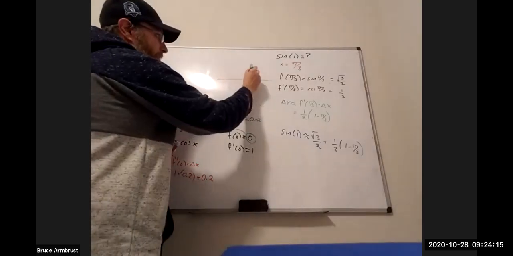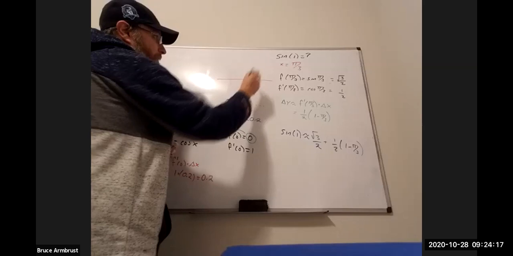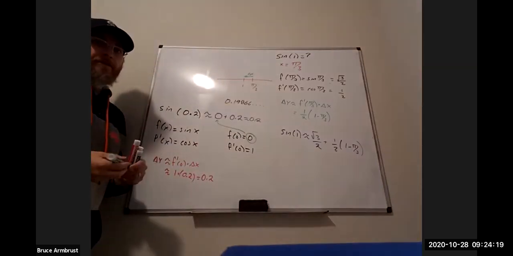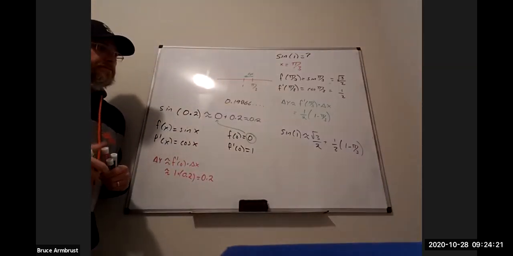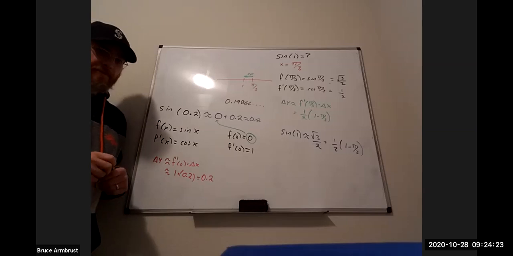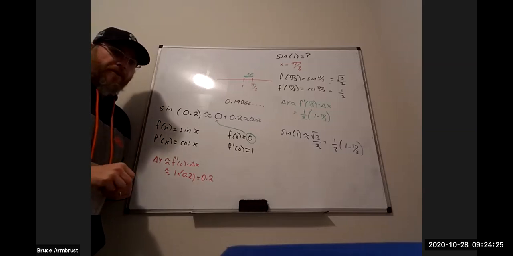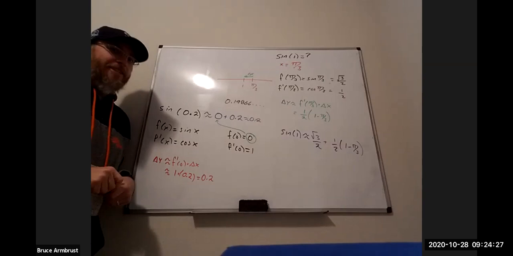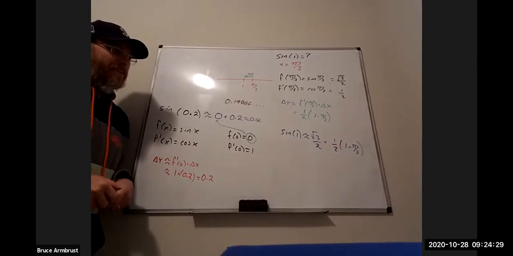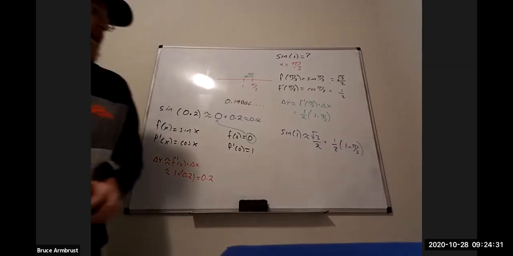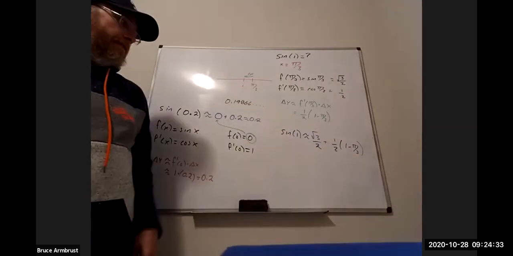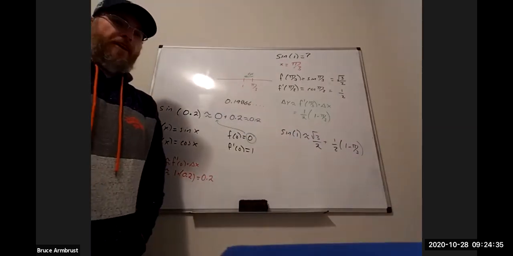So my delta x needs to be negative. So sorry about that. I got all excited about doing this thing. All right, so here is then the approximate value of sine of 1.